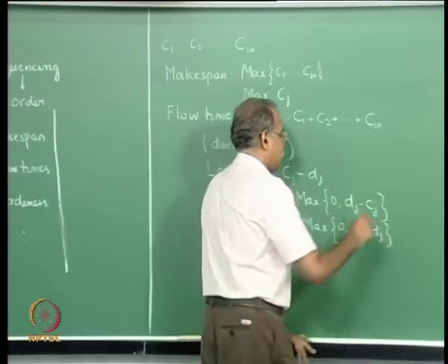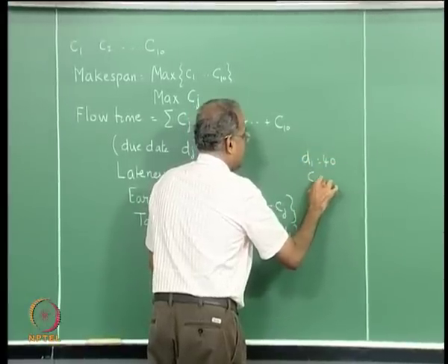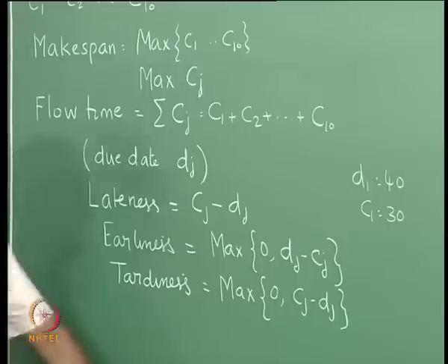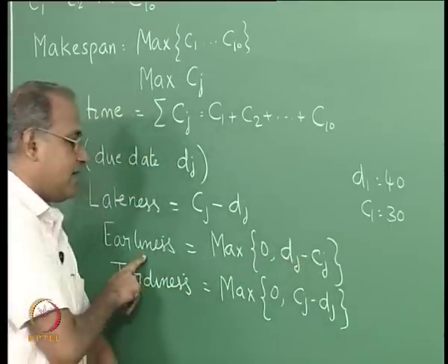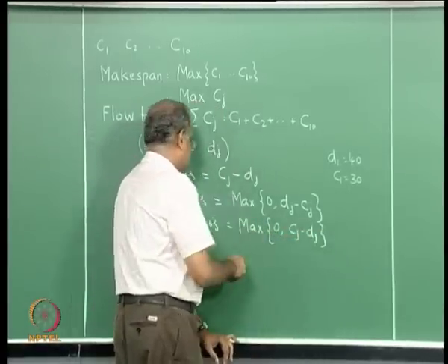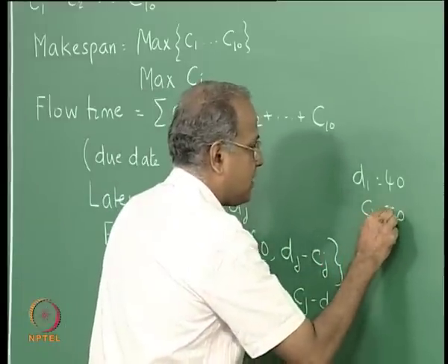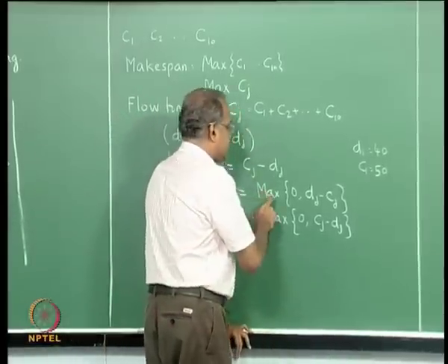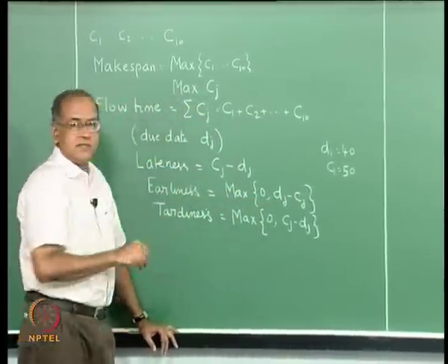For example, if the due date is 40 and the completion time is 30, then the earliness is maximum of 0 and 40 minus 30, which is 10. So, earliness is 10, and tardiness is maximum of 0 and minus 10, so tardiness is 0. If it is completed at time equal to 50, then it is late or tardy. As far as earliness is concerned, it is maximum of 0 and minus 10, so earliness is 0.